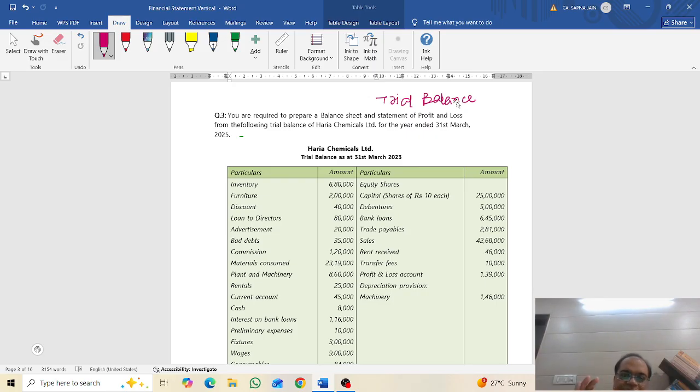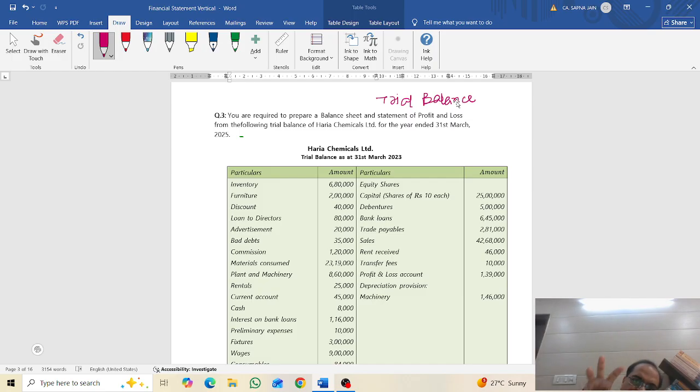The first step is recording the transaction, which means record or pass the journal entry, the day-to-day transactions. The second step is prepare ledger and cash book.